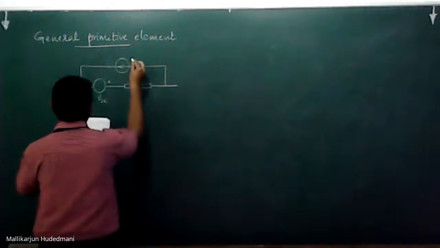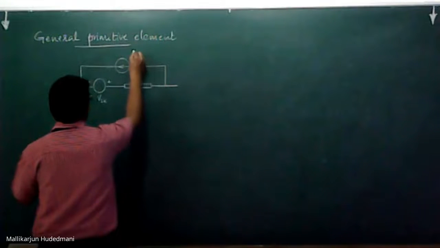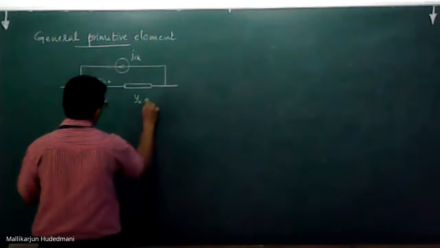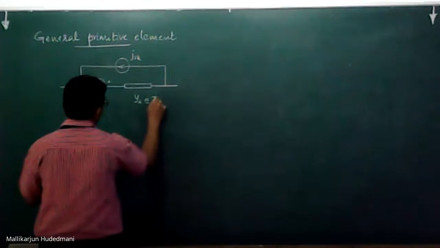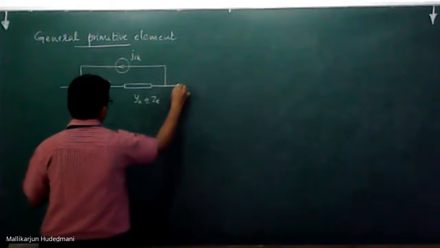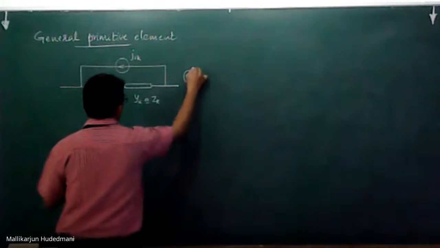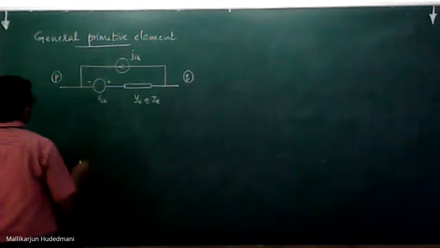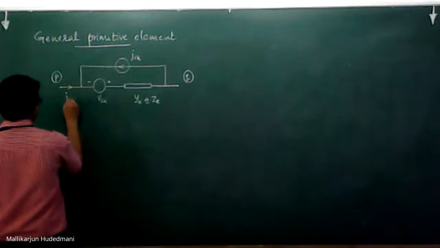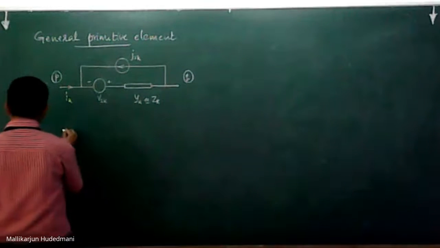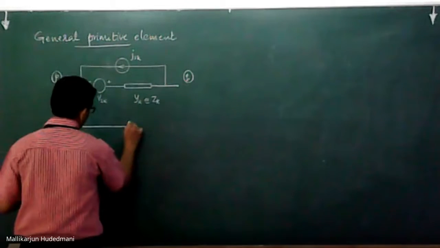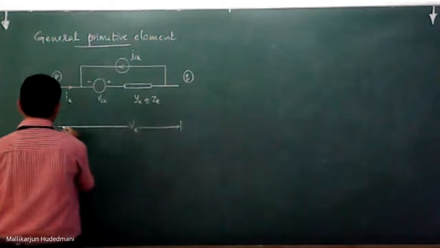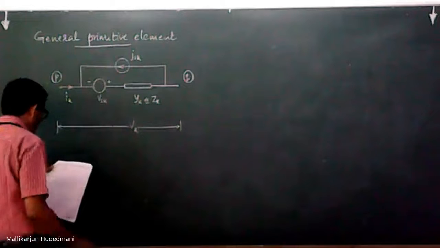Then I represent this as VSK, some terminology, JSK, and this is YK or ZK. I call this bus Q, I call this bus P, and I call this current IK, and I call the elemental voltage between P and Q as VK.